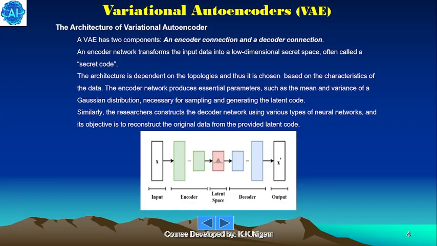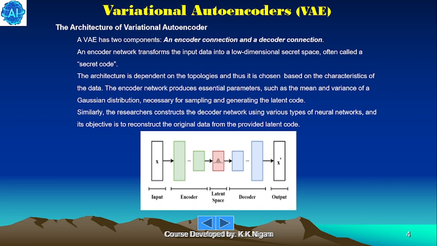The architecture of a variational autoencoder: the VAE has two components, one is the encoder network and the other is the decoder network. An encoder network transforms the input data into a low-dimensional latent space, often called a latent code. The architecture depends on the technologies, and thus it is chosen based on the characteristics of the data.